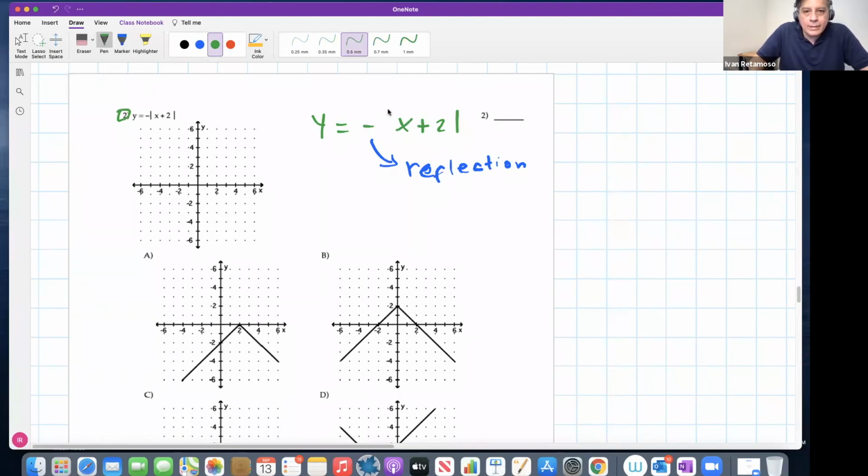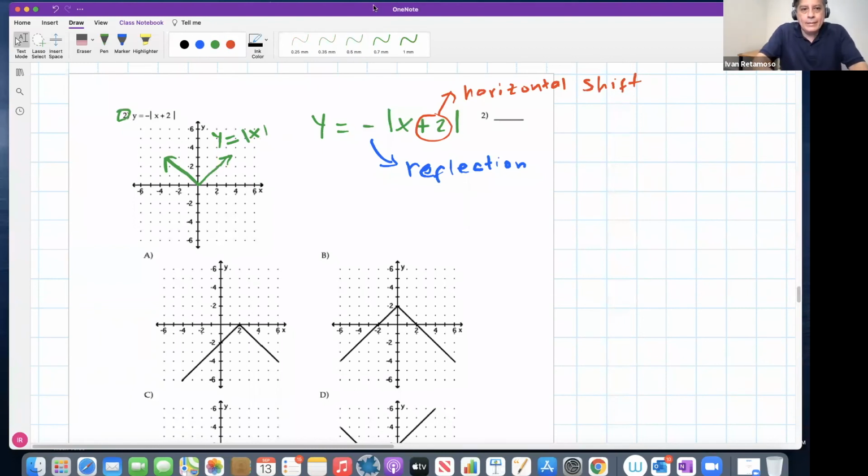Dealing with reflection, and we are dealing with this one, horizontal shift. Remember, horizontal shift is counterintuitive. We start with this as usual. This is y equals the absolute value of x.